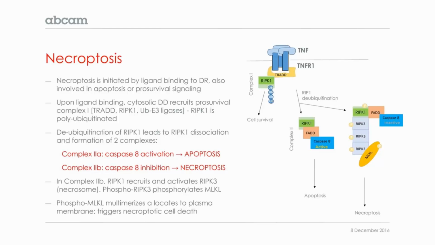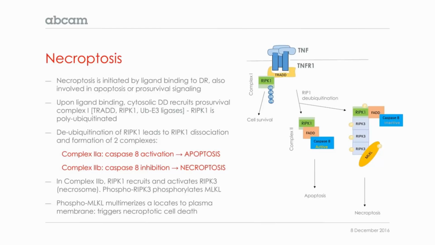The death receptors that are involved in activation of the extrinsic pathway are responsible for necroptosis activation as well. So in normal conditions, the death domain of the receptors recruits the pro-survival complex 1, which involves a polyubiquitinated RIP kinase 1. When RIP kinase 1 is deubiquitinated and caspase-8 is active, a complex called complex 2A is formed, leading to activation of apoptosis.